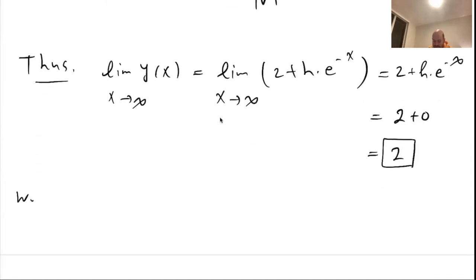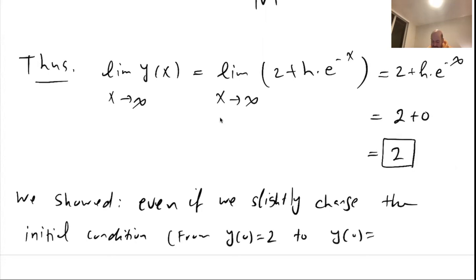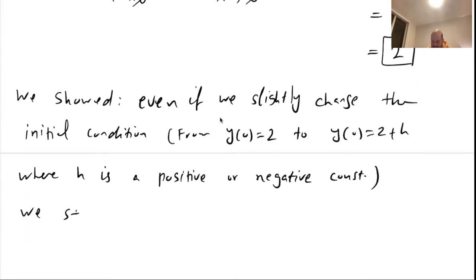So we showed that even if we slightly change the initial condition from y of 0 equals 2 to y of 0 equals 2 plus h, where h is a positive or negative constant, we still have limit y of x as x goes to infinity equals 2.